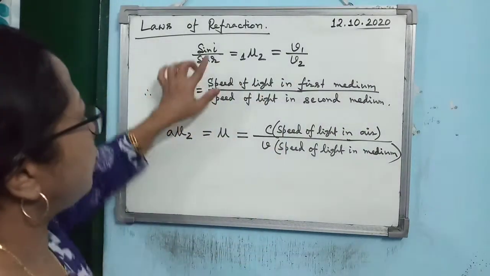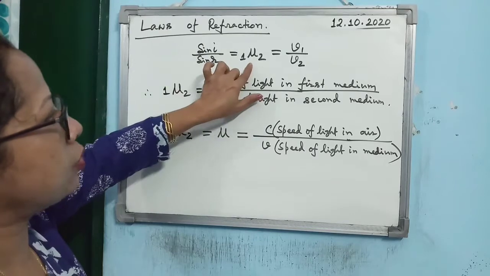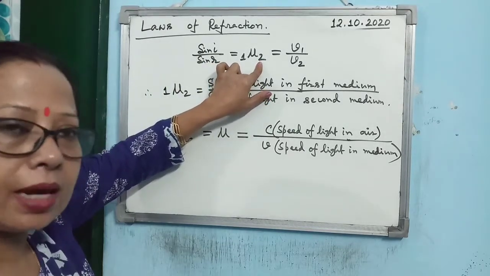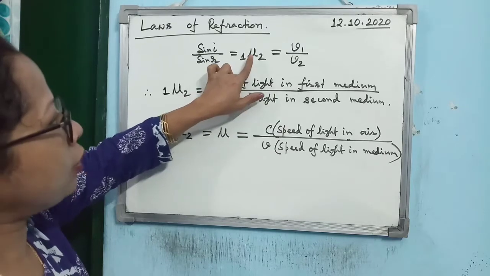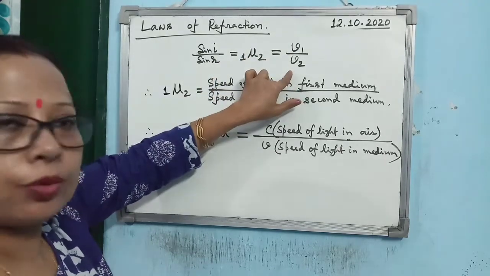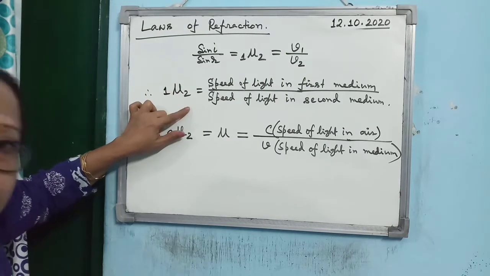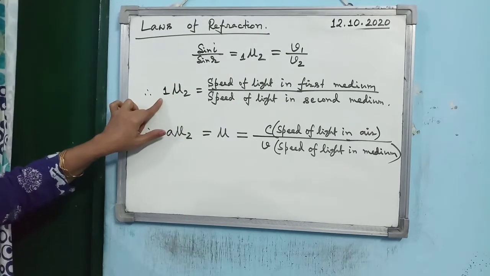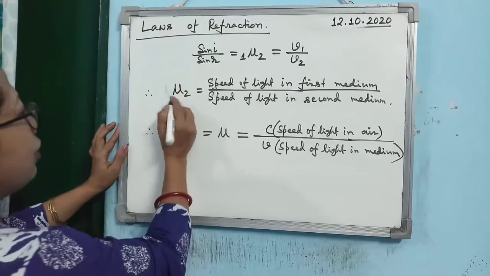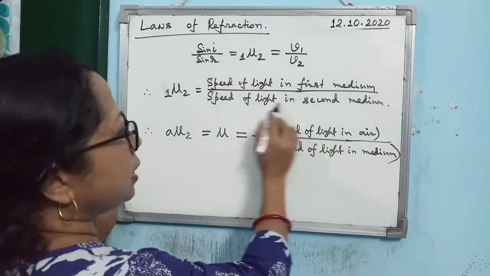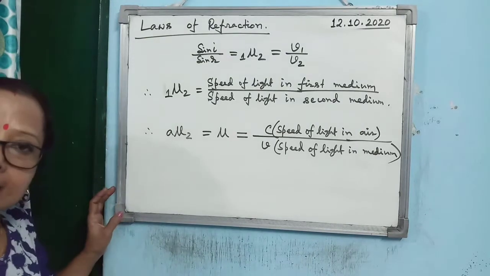So you see, sin i by sin r is known as 1μ2, the refractive index of the second medium with respect to the first. So what we have got is 1μ2 is equal to V1 by V2. So the refractive index of the second medium with respect to the first, that is the relative refractive index, is equal to the speed of light in the first medium by the speed of light in the second medium.